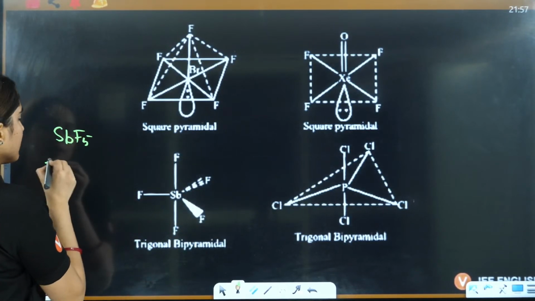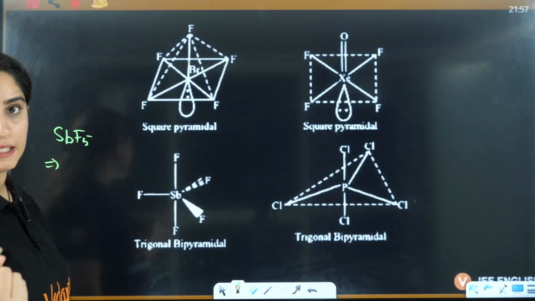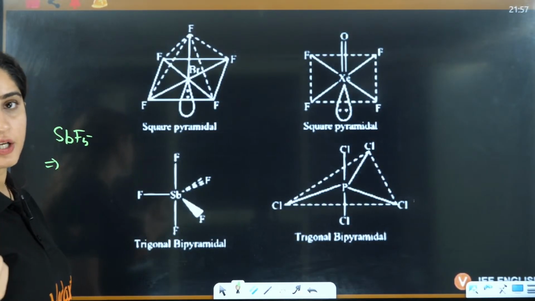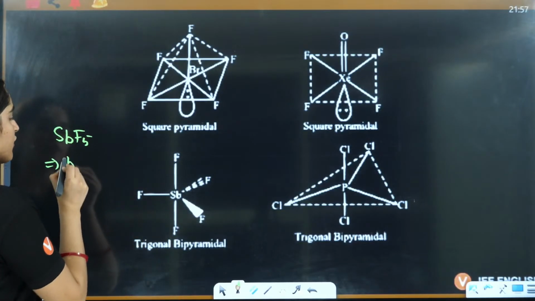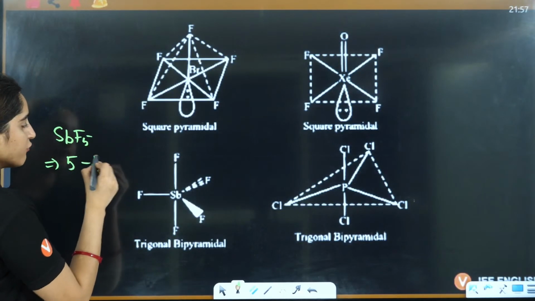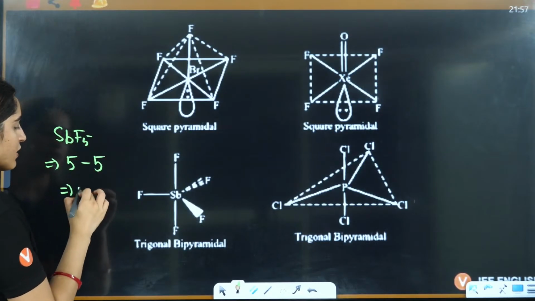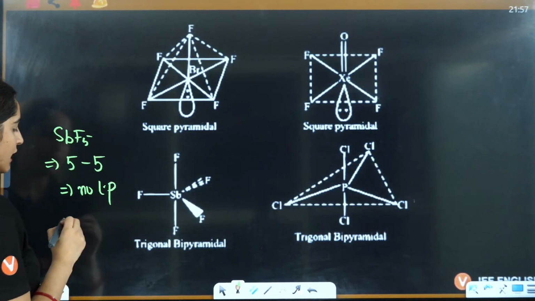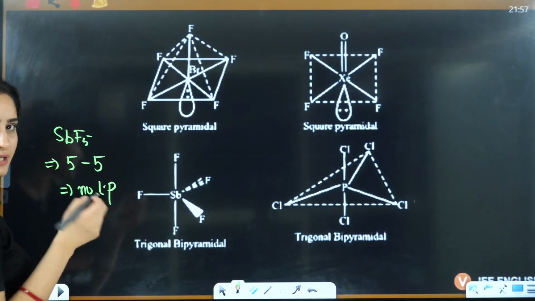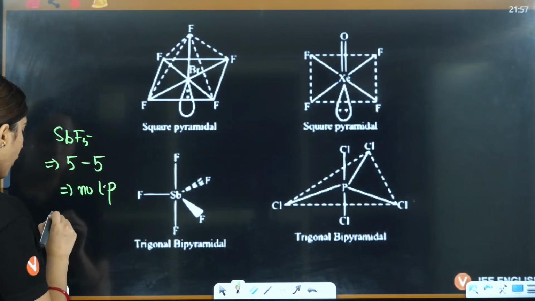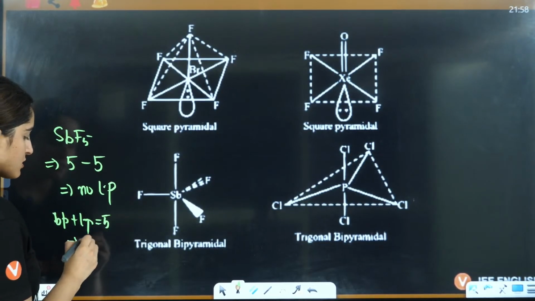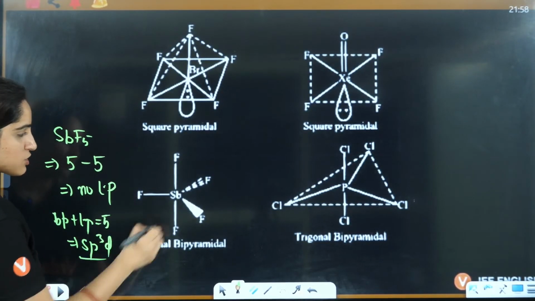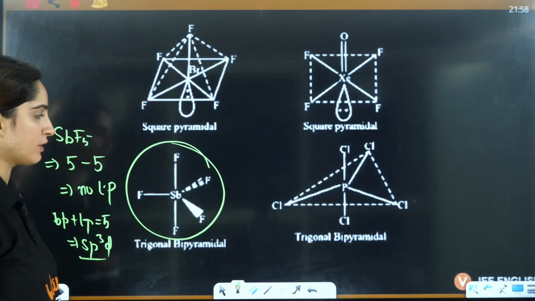A simple way: Sb belongs to group number 15, so it has 5 valence electrons. Out of that, 5 bonds it is making, and it has no lone pair. That means steric number is going to be 5, bond pair plus lone pair is 5, that means it is sp3d, trigonal bipyramidal geometry, right?